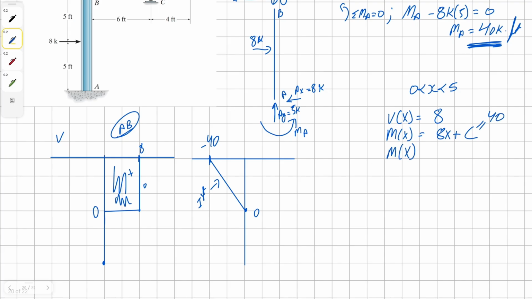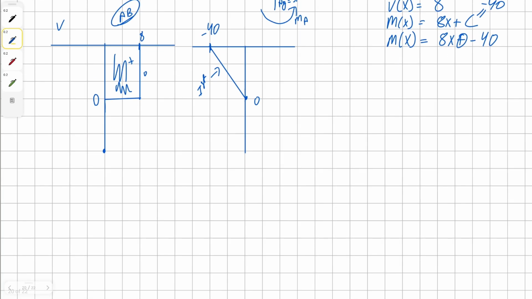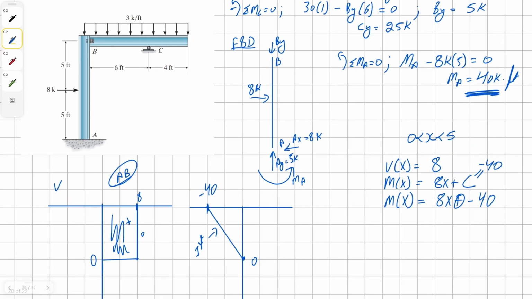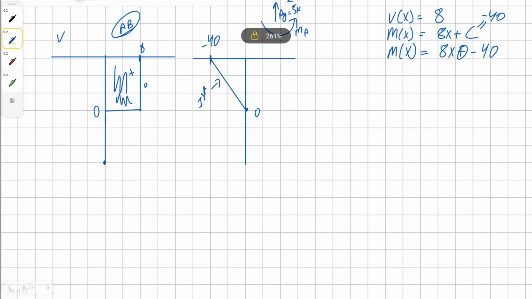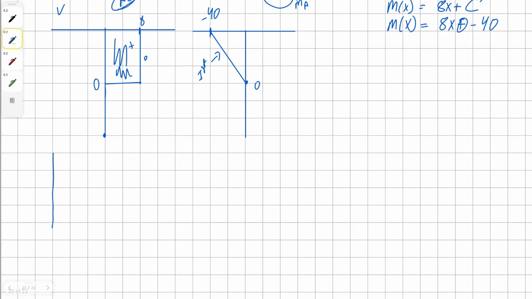And when we write in this equation, we get an equation something like this.